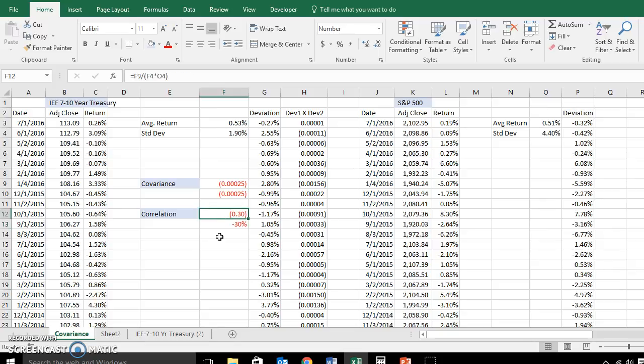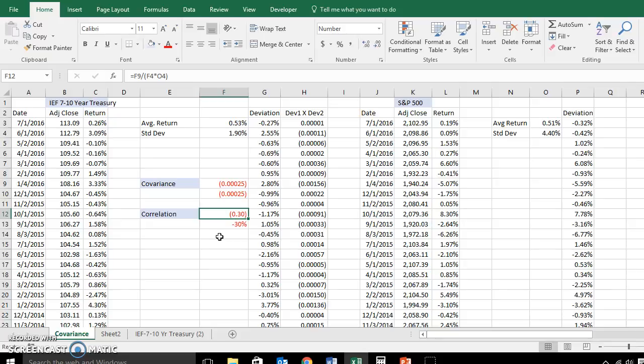It's all in red. So what it means is that if stock goes up by 100%, then bonds will go down by 30%, right? So both are moving in opposite direction.